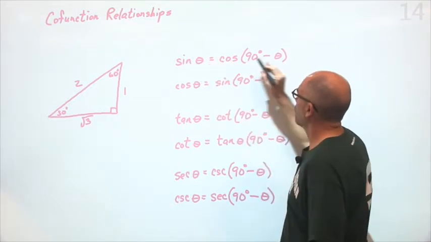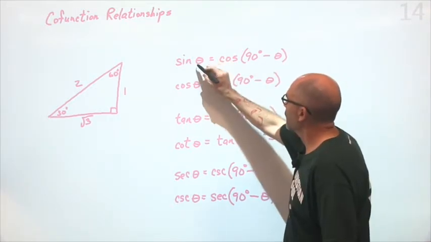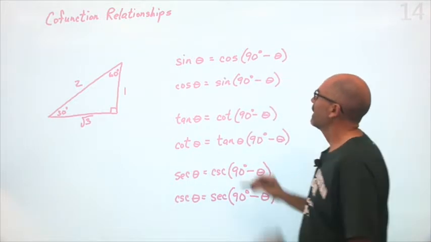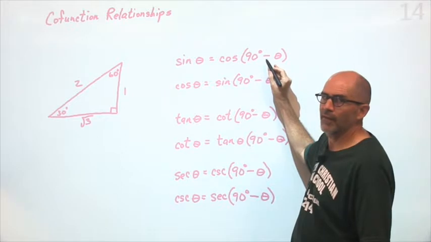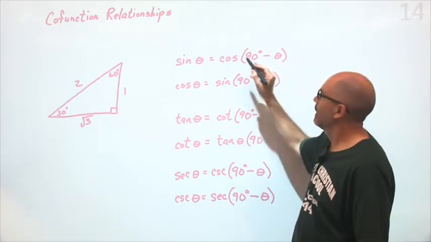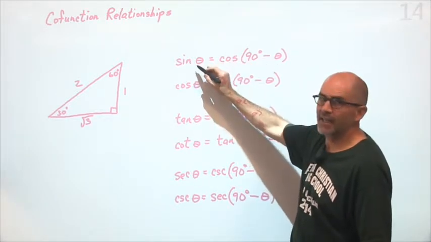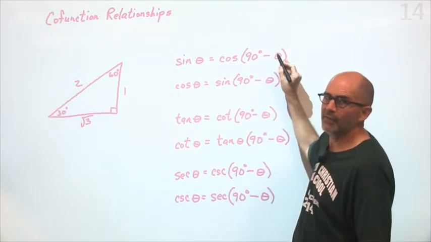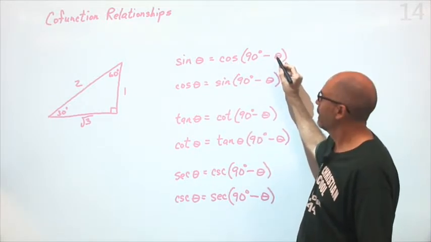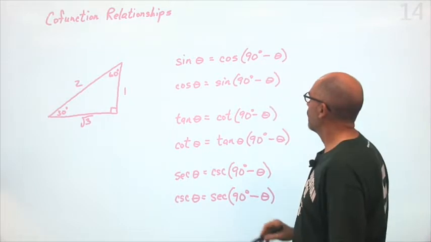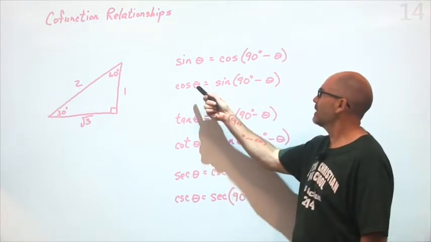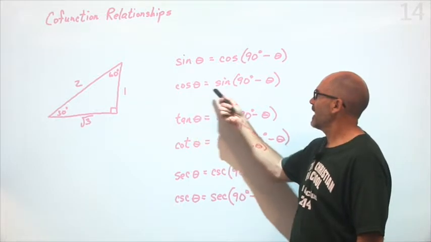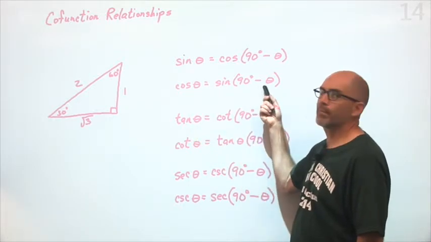Sine of 60 equals cosine of 30. Sine of 45 equals cosine of 45. Sine of 40 will equal cosine of 50. Sine of 70 will equal cosine of 20. So that's how the cofunctions work. Now, likewise, cosine of any angle will be sine of the complement of that angle.